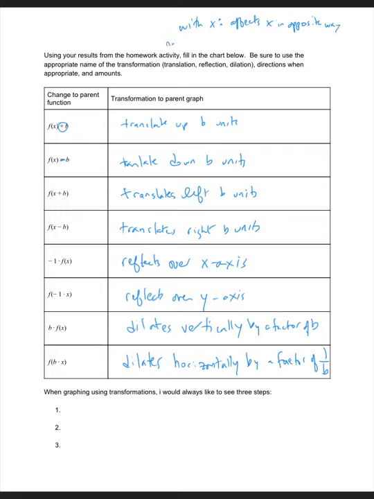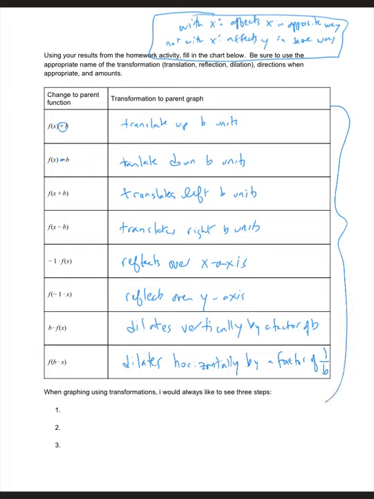And if it's not with the x, it affects the y in the same way. Now we're going to illustrate that in the next 3 examples on the next page, but these are the ways that I memorize the transformation rules rather than memorizing all 8 of these, but your mileage may vary.